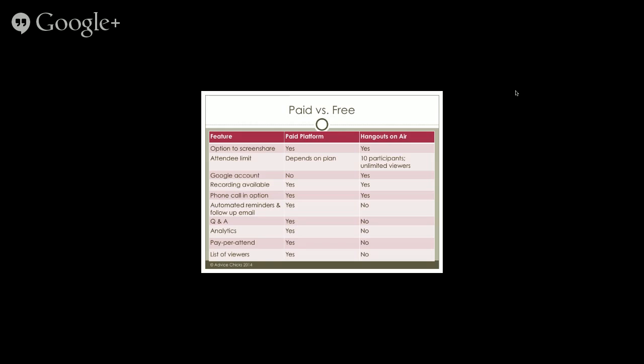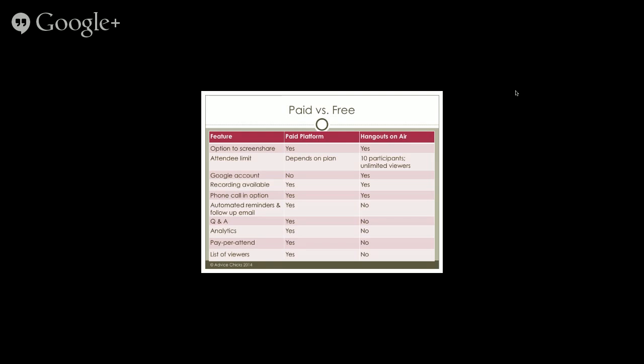However, the number of participants you can actually have in the video conference is limited to 10. The attendee limit on the paid platforms really depends on the plan, so you can find something that fits all of your needs; it just requires a little bit of research.